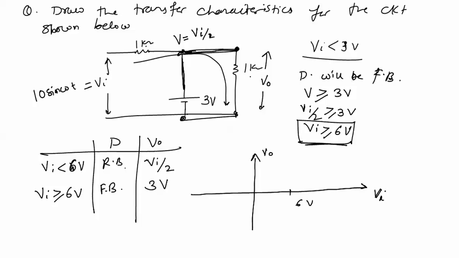For Vi greater than or equal to 6 volt, output is 3 volts only. So this will be the graph. And for Vi less than 6 volt, output equals Vi by 2. That is a straight line passing through the origin.